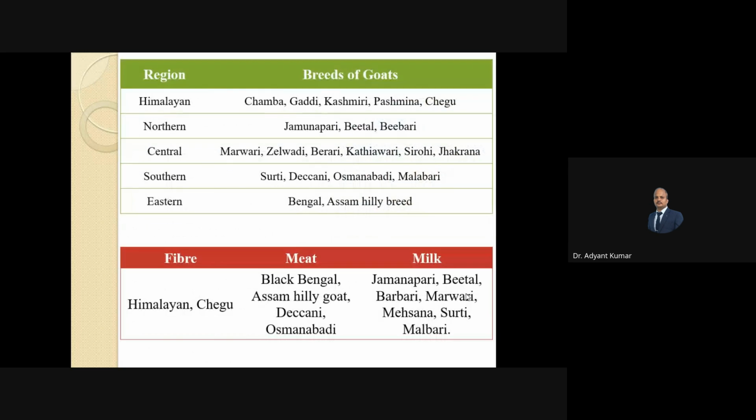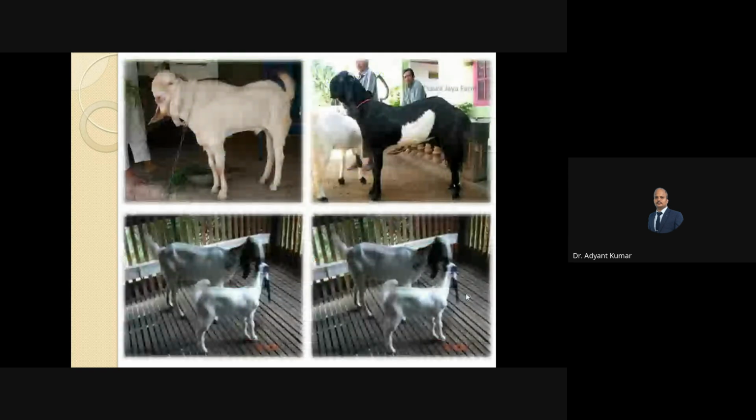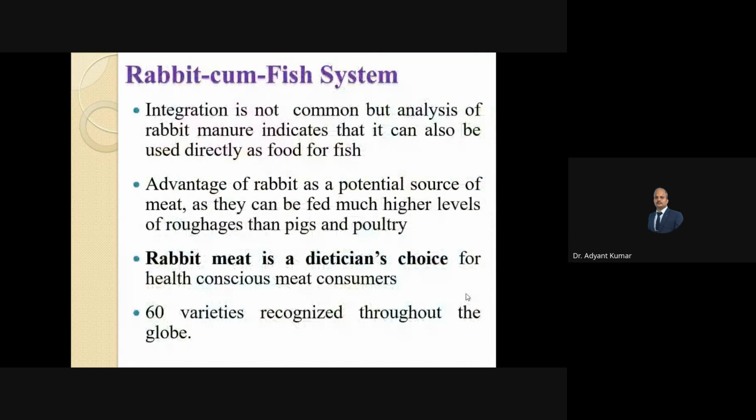This is a breed of goat which is being used under the fish cum goat farming system. These are the photographs. Next one is the rabbit cum fish system.